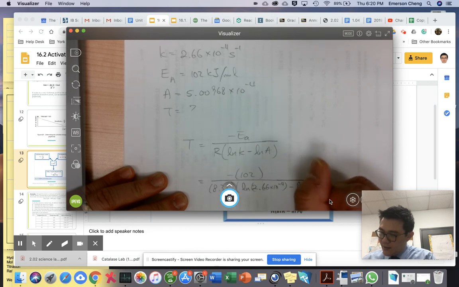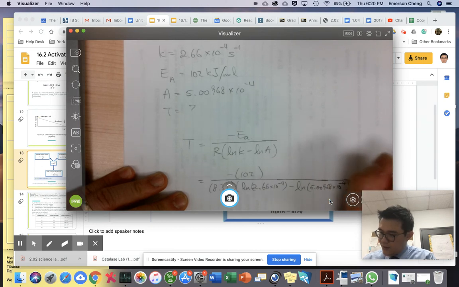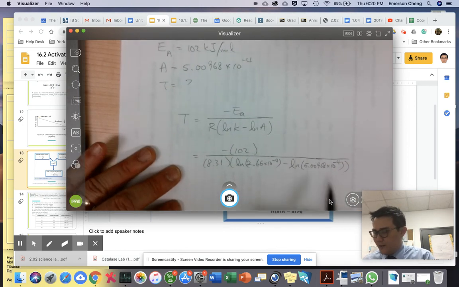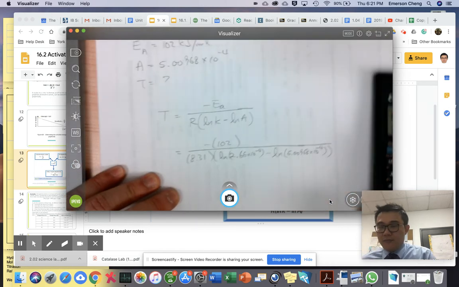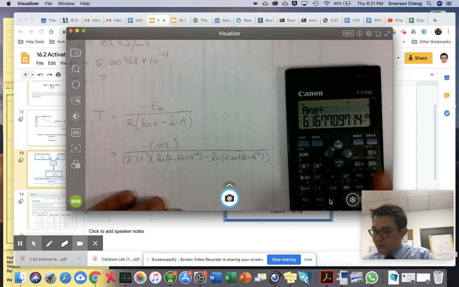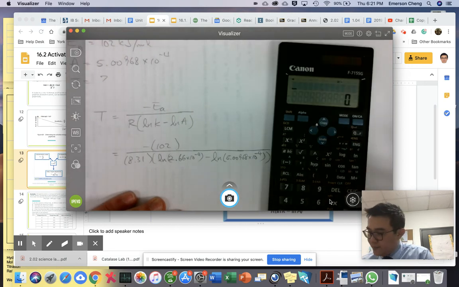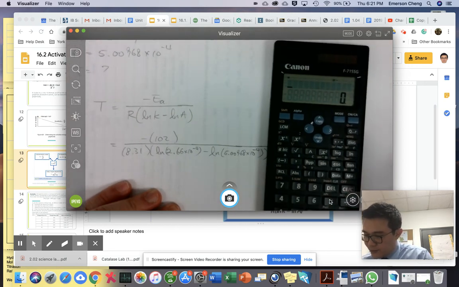minus ln A. Now, personally, I haven't used ln or done these kinds of manipulations in a while. Is there a way to factor this? I don't remember. Either way, let's just plug in the numbers in our calculator.